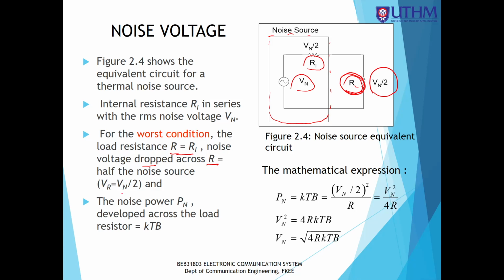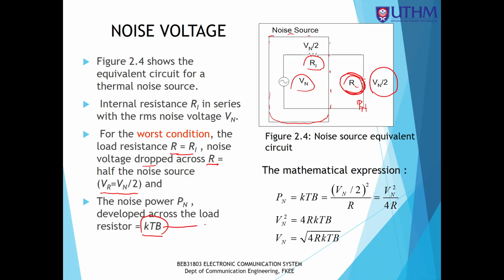Here VR, the voltage at the load, is equal to Vn over 2. The noise power Pn developed across the load is KTB, as we have measured in the previous slide.